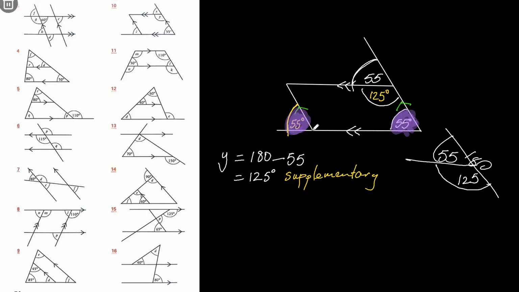So notice where they are. This is on the left side, L-E-F-T, left of this parallel line. So I have to go to the left of this parallel line. So that's how we look for corresponding. All right, so Z is 55 because it corresponds.